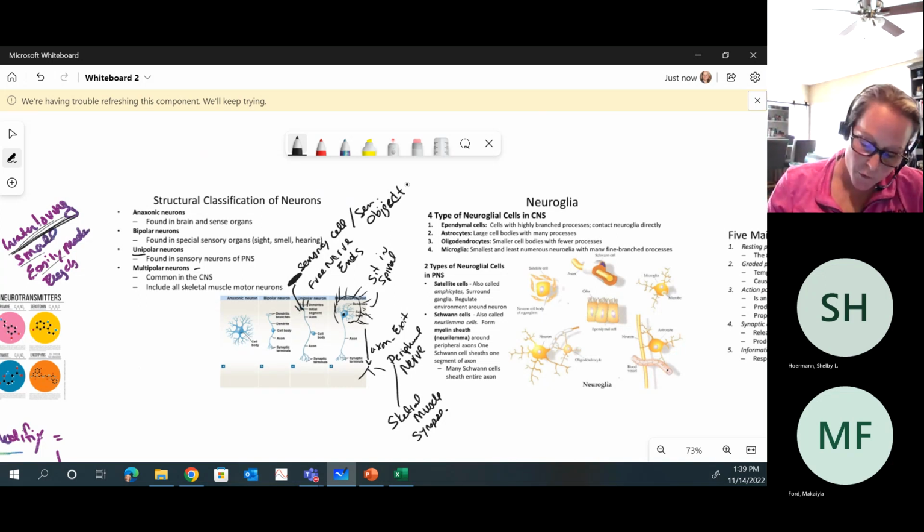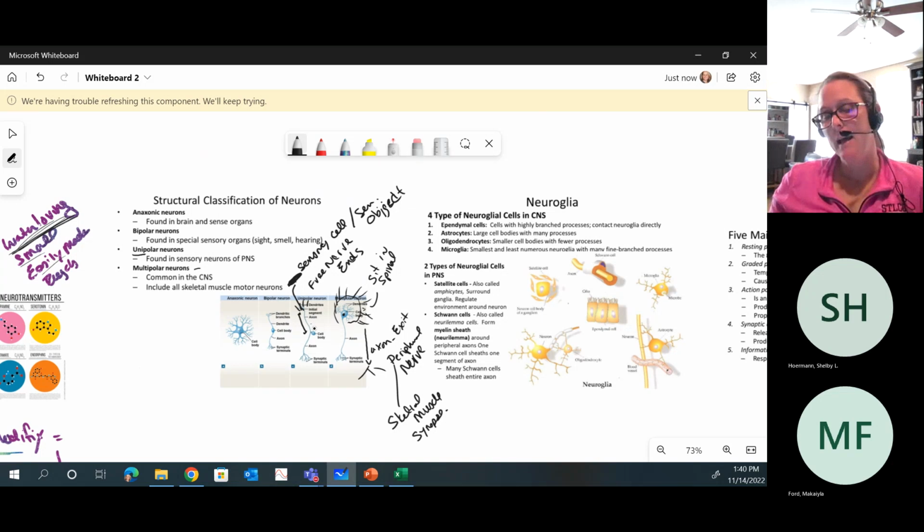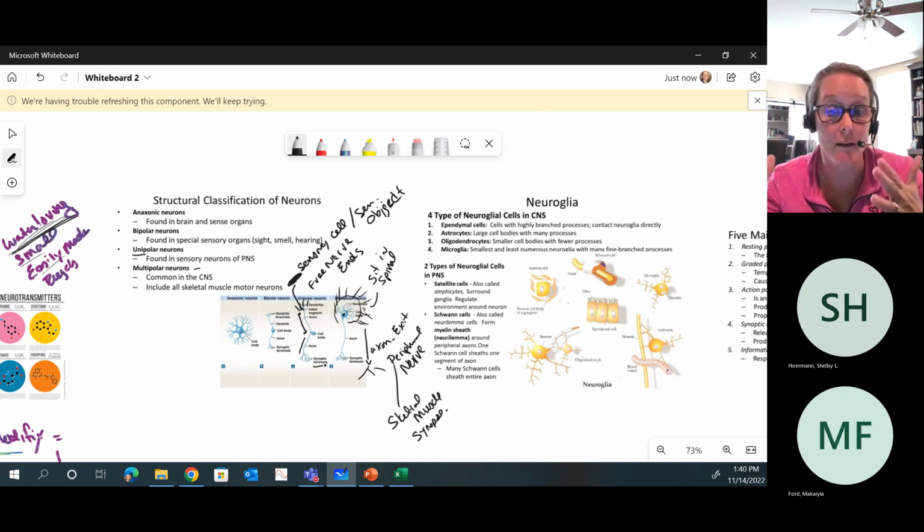Technically, this area is a long movement of electrical energy to the cell body. It's not a true axon. It's like the incoming axon, and then you will have the outgoing axon that's going to depart from the cell body and then go to its synaptic knobs or its synaptic terminal ends.